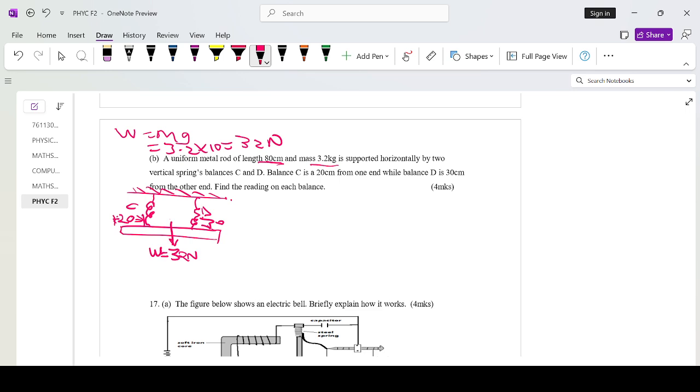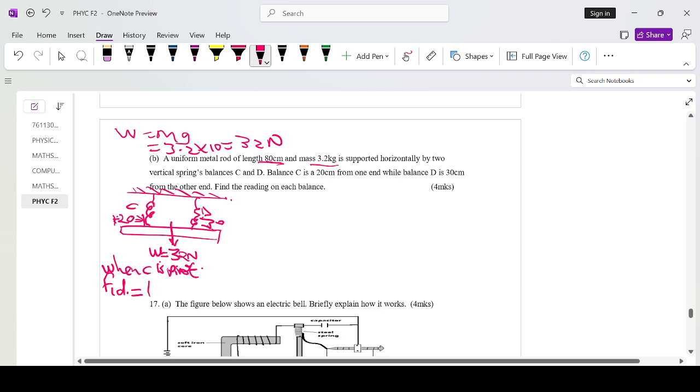So when C is the pivot, F1 D1 should be equal to F2 D2.